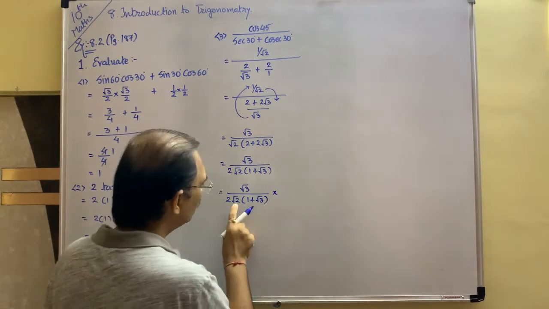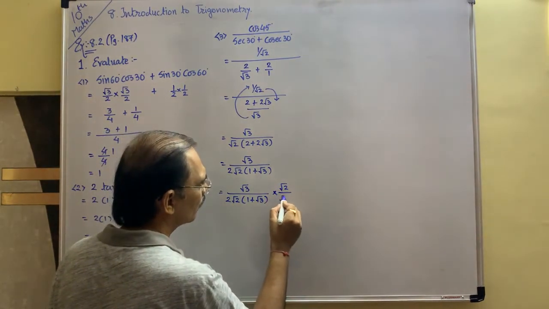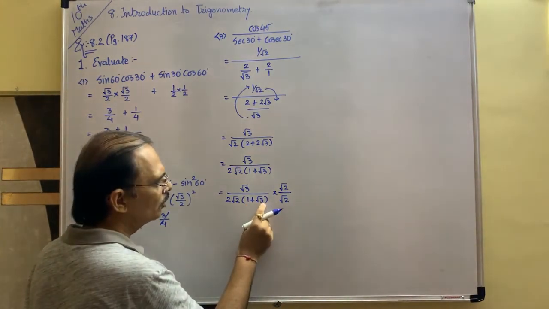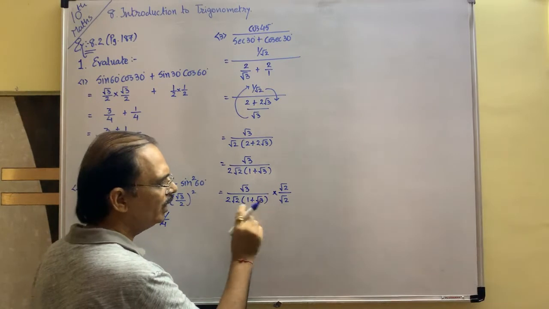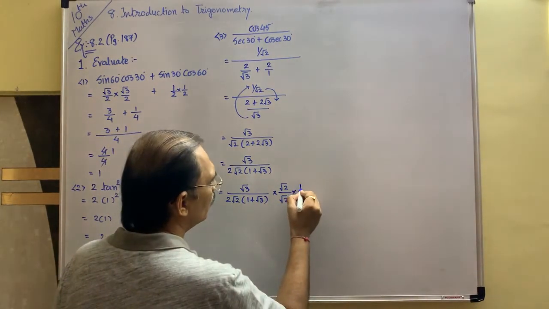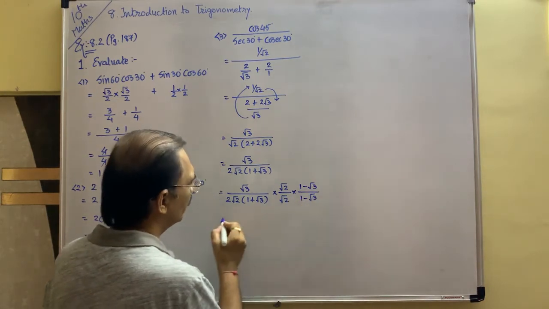Now to remove the root 2, we should multiply it by root 2, up and down. And we should multiply 1 plus root 3, which is like a plus b, by a minus b. That is 1 minus root 3 in the numerator as well as in the denominator.